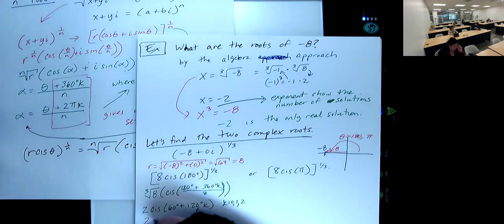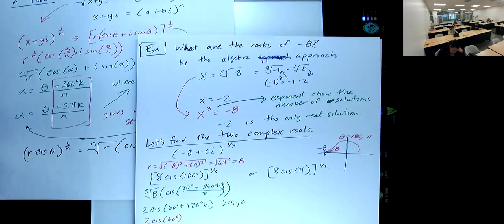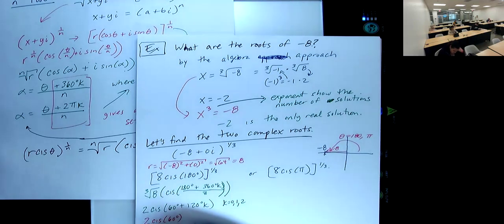We have 2 cis 60, we have 2 cis 180, and we have 2 cis 300.